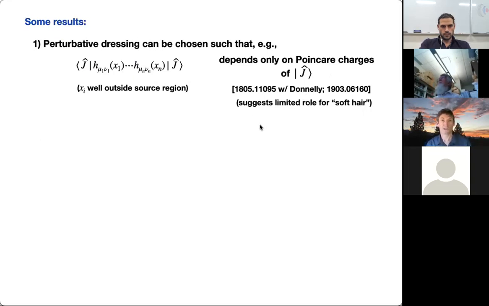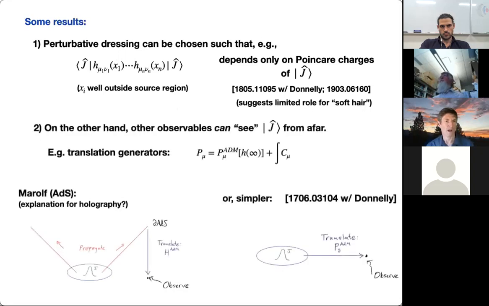That, by the way, suggests a limited role for this whole soft hair story, which has been rather popular, because these are the things that are basically measuring the soft hair. And we're saying those really only have to be correlated with the Poincare charges of the matter you have in a given region. On the other hand, there are observables that can see the state from afar.